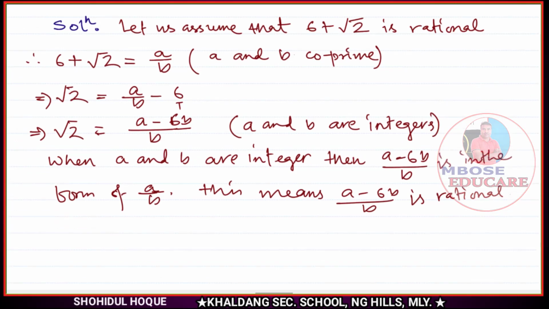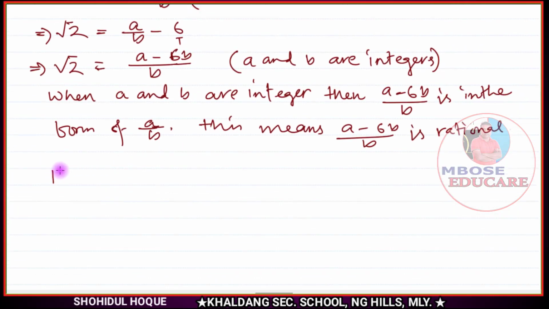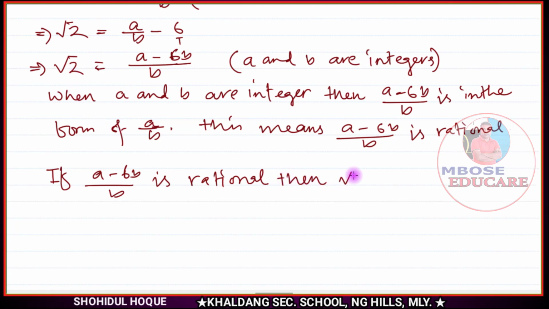Alright, we can write, if a minus 6b divided by b is rational, then under root 2 is also rational, but under root 2 is irrational.